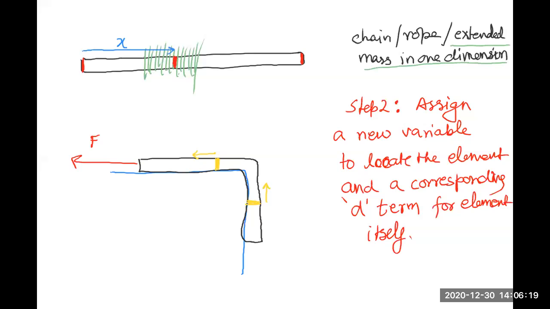Therefore, the width of the object must be dx. And whatever variable you choose must be here. You cannot say that this is y and this is dx. ये नहीं कर सकते. अगर ये x है तो ये dx होएगा.